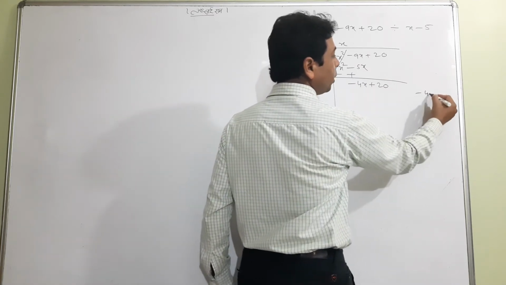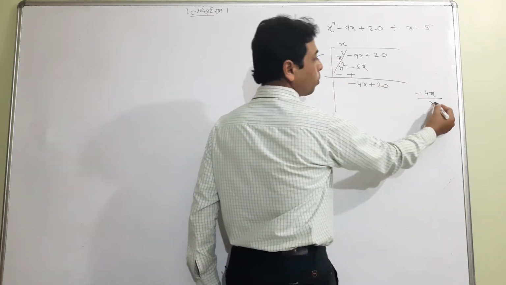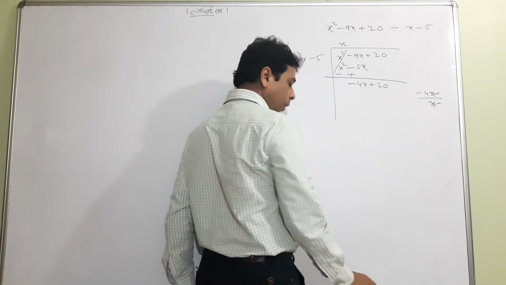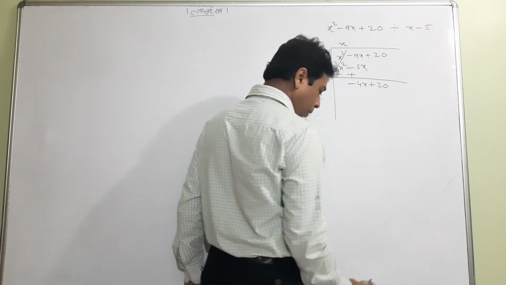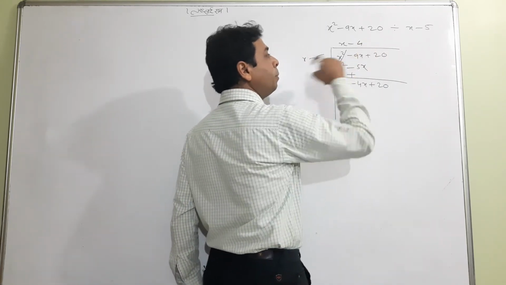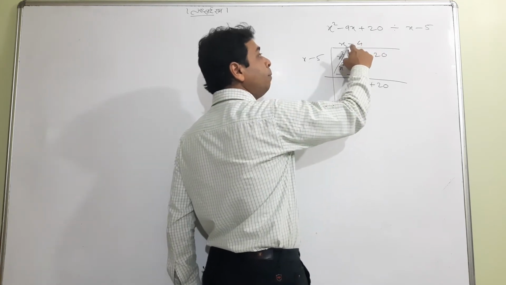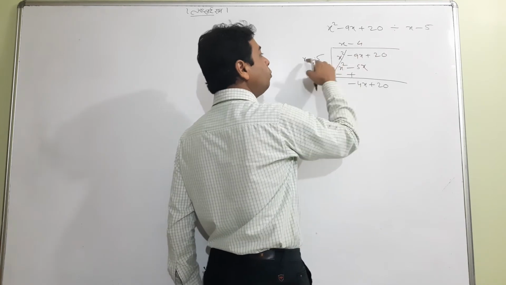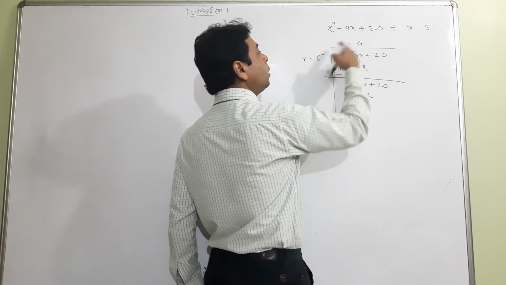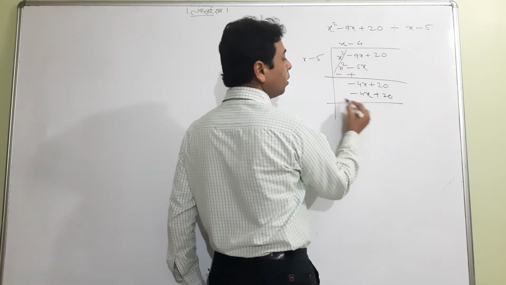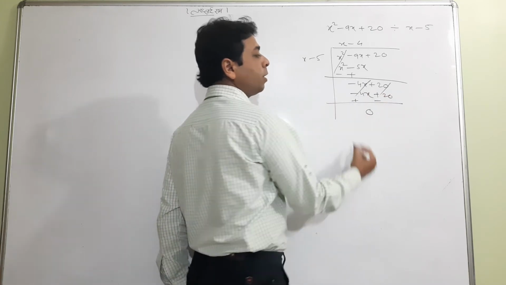Minus 4x will be written upon x. This is the short method. What is coming? Minus 4. Meaning I will divide by minus 4. So remember this time with minus 4, with the minus sign, multiply this. Minus 4 into x, minus 4x. Minus 4 into this, plus 20. Finally you will say the remainder is 0.